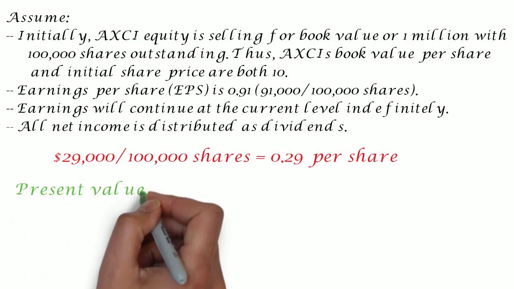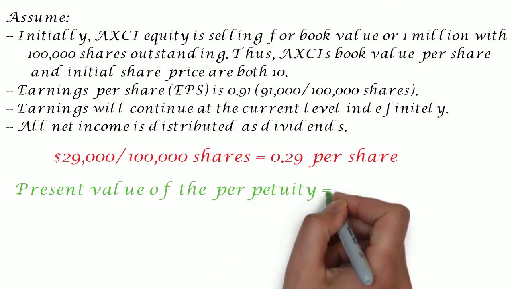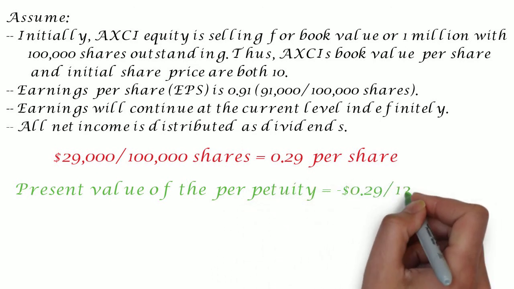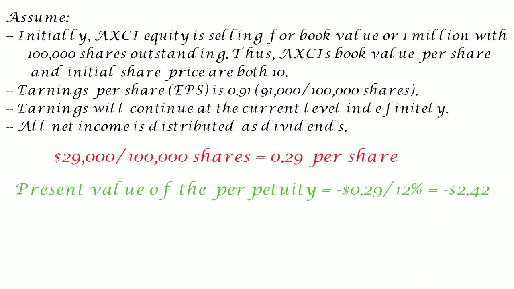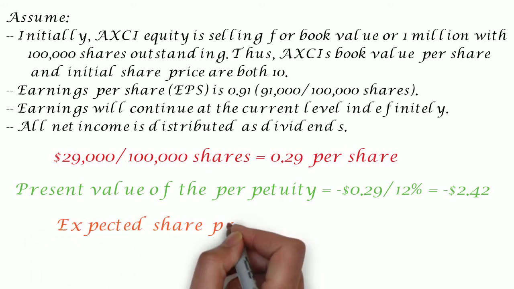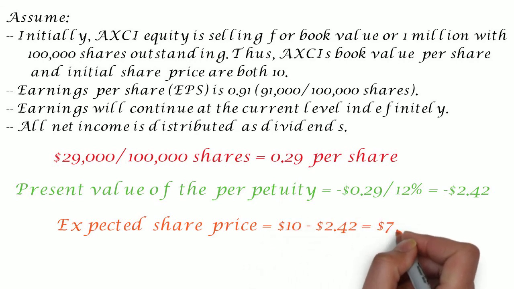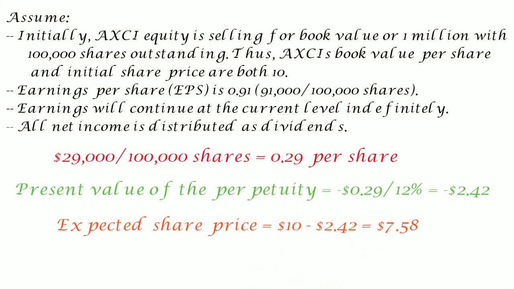Discounted at the 12% cost of equity, the present value of the perpetuity is $2.42, which is calculated as the residual income of negative 29 cents divided by the cost of equity capital of 12%. The current share price minus the present value of value being destroyed is $7.58, which is calculated as $10, the current market price, minus $2.42, the present value of the value being destroyed.